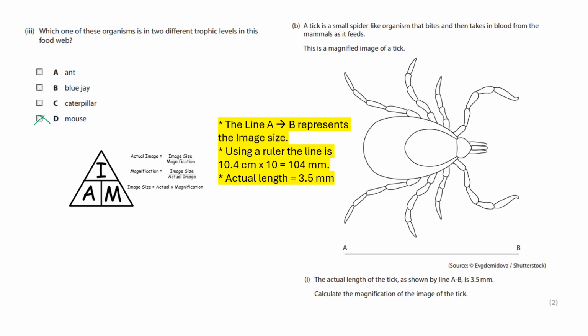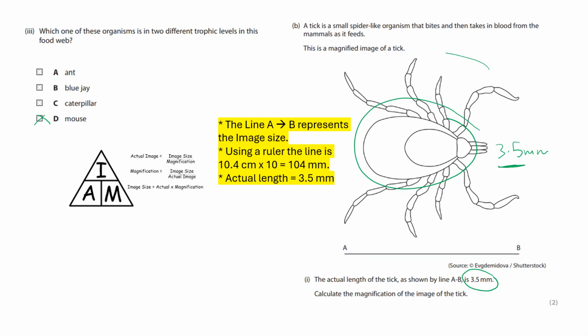Okay, so the actual length of the tick as shown by line AB is 3.5 millimeters. Calculate the magnification of the image of the tick. Okay, so the tick's actual size is 3.5 millimeters, so this is its actual size in real life.